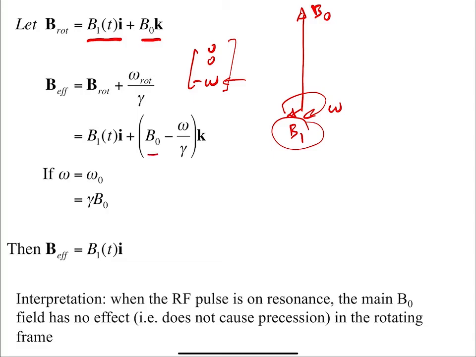So I have B0 minus omega over gamma. And if I'm on resonance, omega is equal to omega naught, then this term just goes to 0. And I'm left with B effective equals just the B1 field. Okay, so that's really important. Essentially, if I'm on resonance, then the B0 sort of disappears, and I'm just feeling the effect of the B1 field. Right?